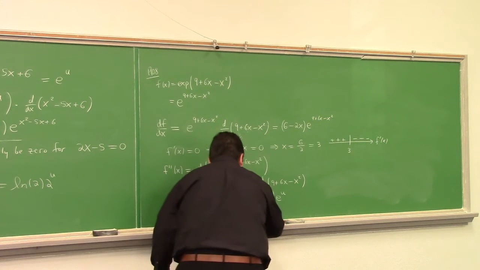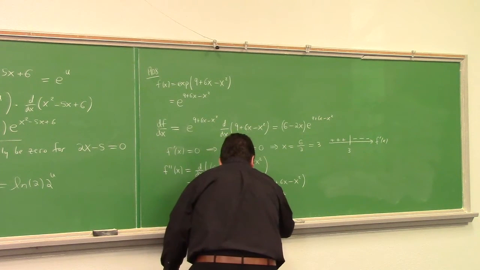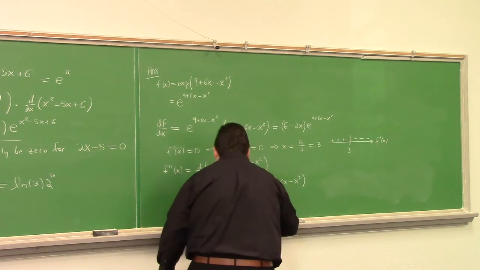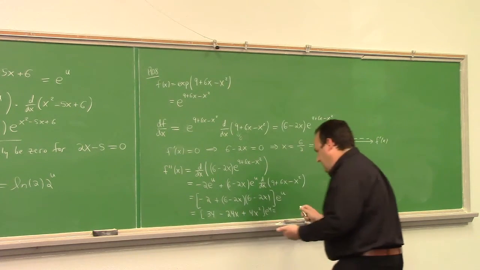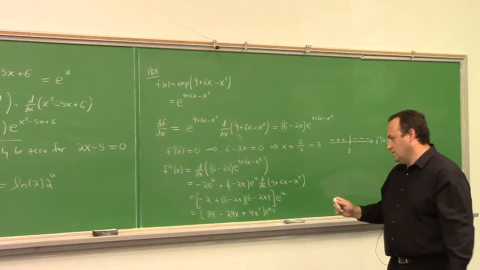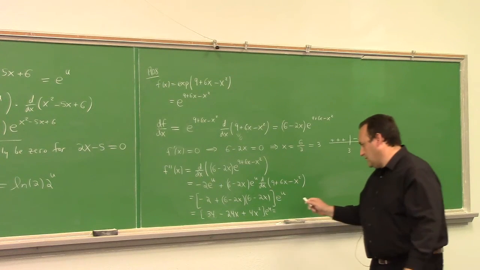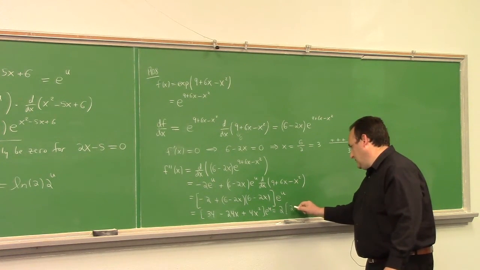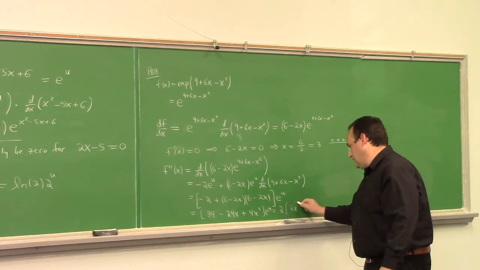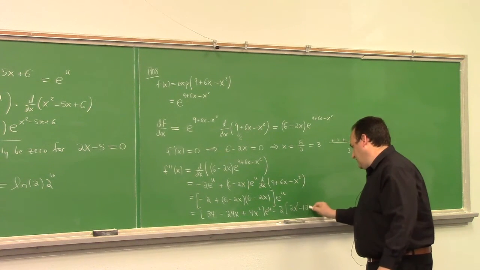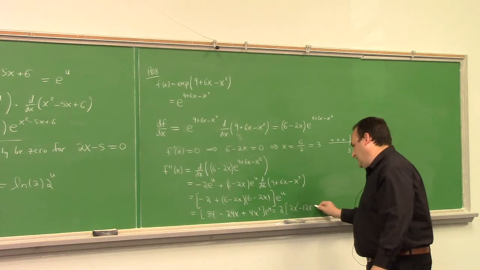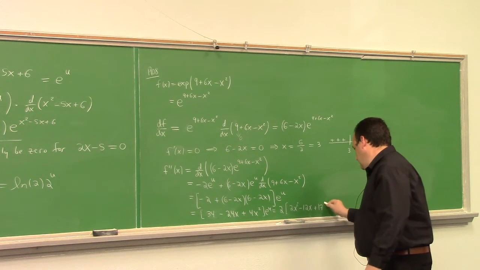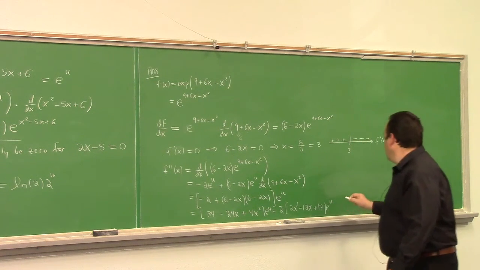Plus 4x squared. So you notice that you can factor 4 out of that, right? Can you factor 4 out? All right, so we've got 2 times 2x squared minus 12x plus 17 times e to the u.